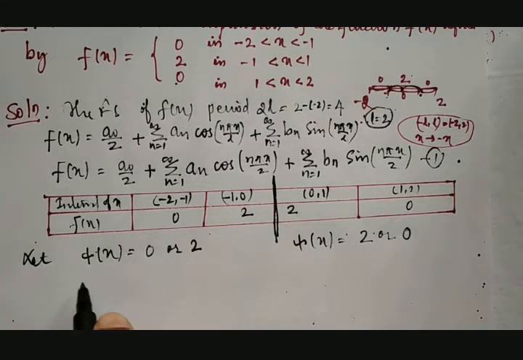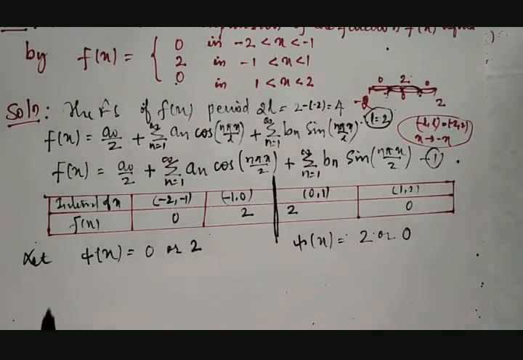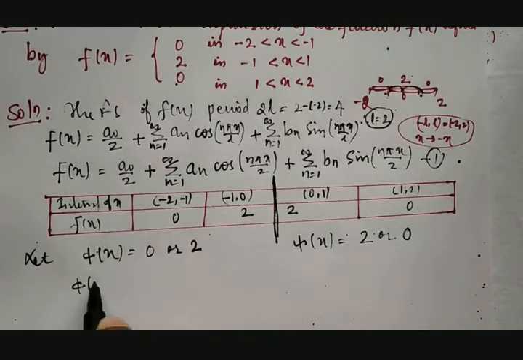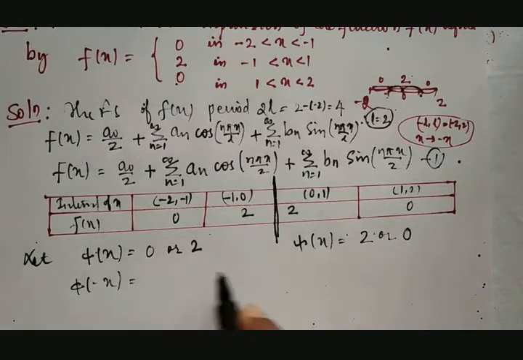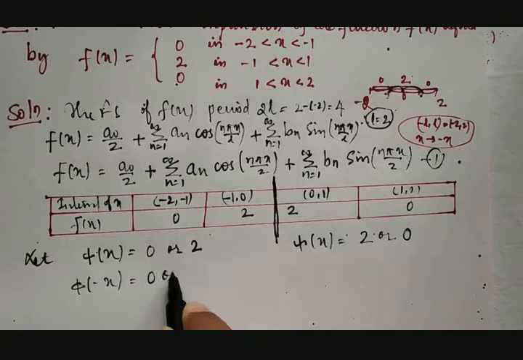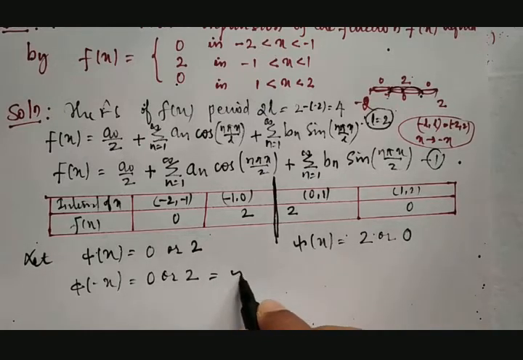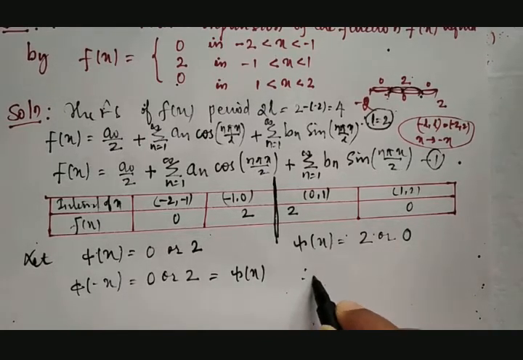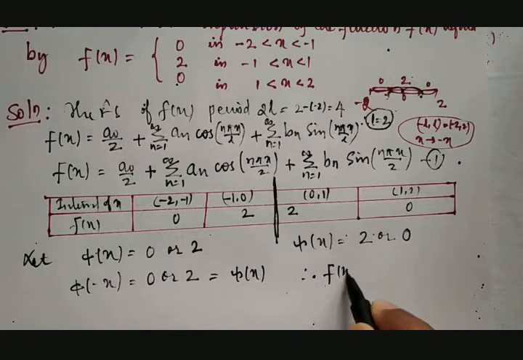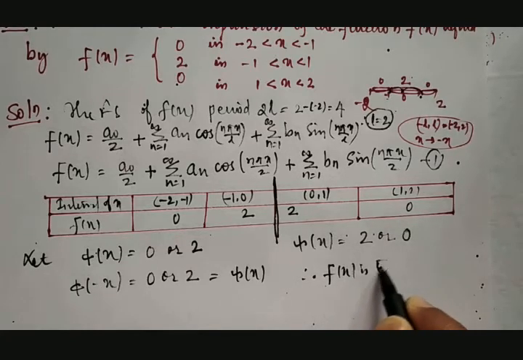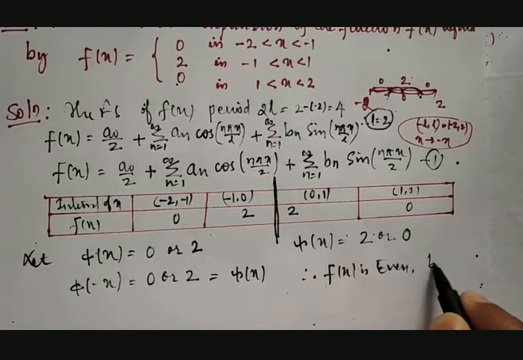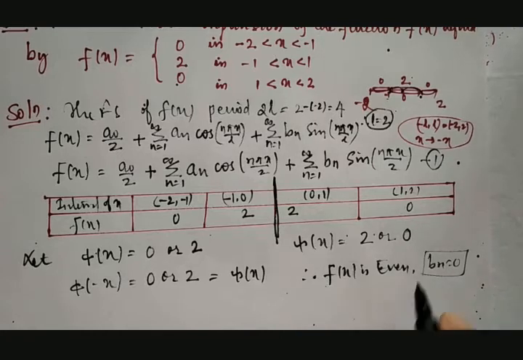Fine. Since x is going to be replaced by minus x, what to do? x will be replaced by minus x. Since there is no x in this, it becomes 0 or 2. So this is the same as the original. Therefore, the function f of x is even. So bn is equal to 0.